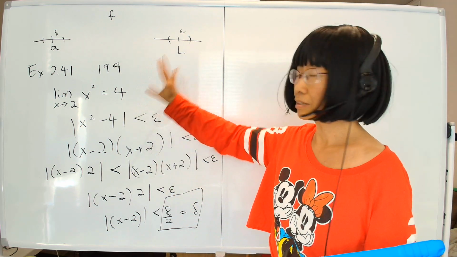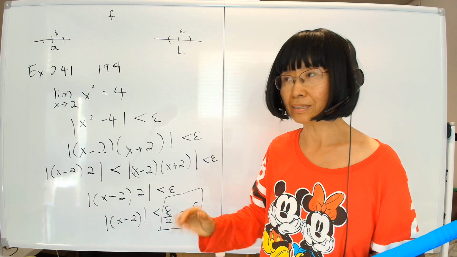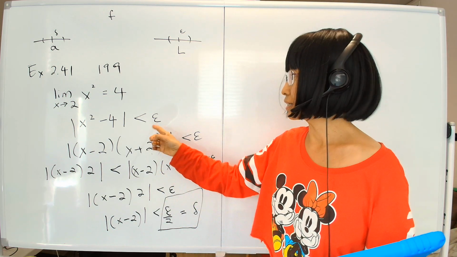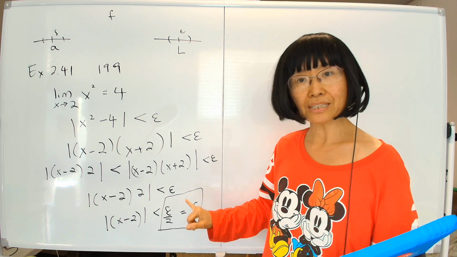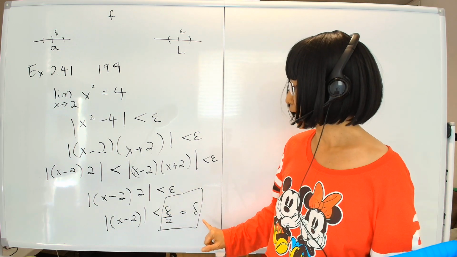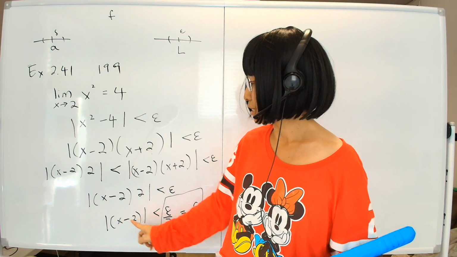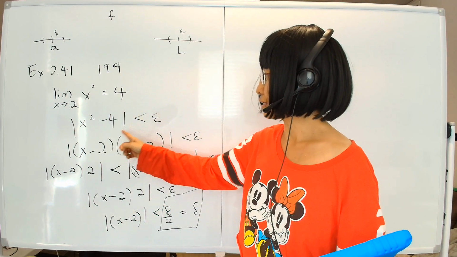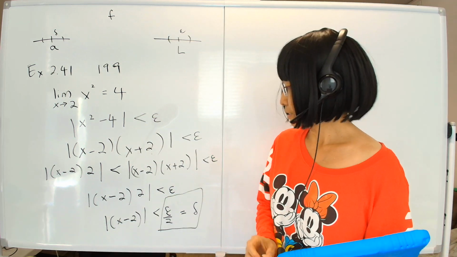So by the definition, if somebody gives you an epsilon, a very small number, then you can find the delta. You will set delta as half of that small number, so it's even smaller. And if you do that, then everything that's close to 2 will end up being within epsilon of 4.